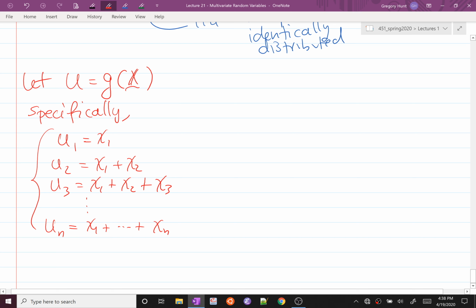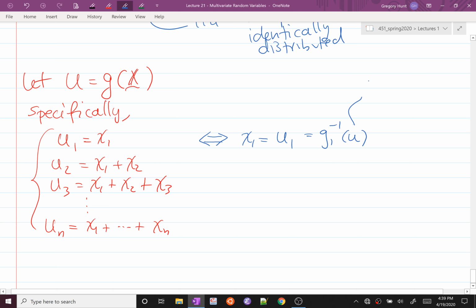So how do I do this? First, we need to get the inverse transformation. So I want to get the x's in terms of the u's. Well, x1 is easy to get. x1 is just u1. So this is g1 inverse of the u's. It's just u1.